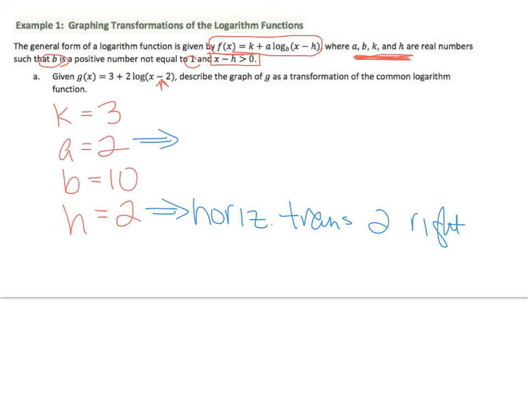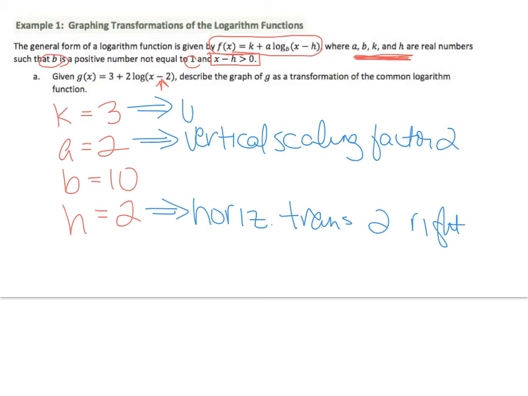This tells me that I've got a vertical scaling, not sailing, by a factor of 2, and a vertical translation 3 units up, and base 10.